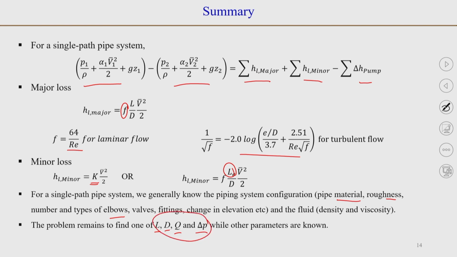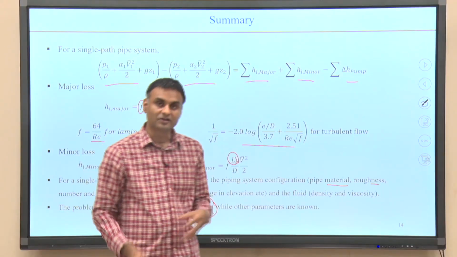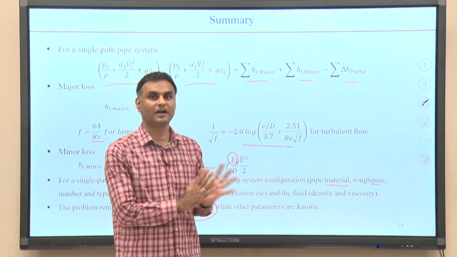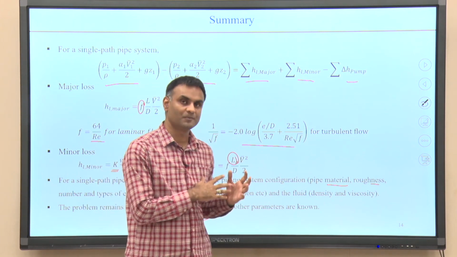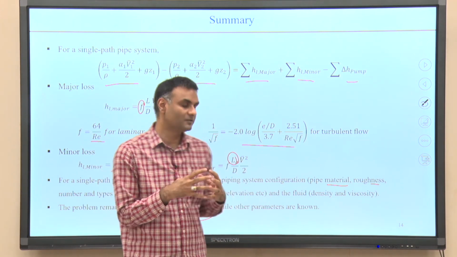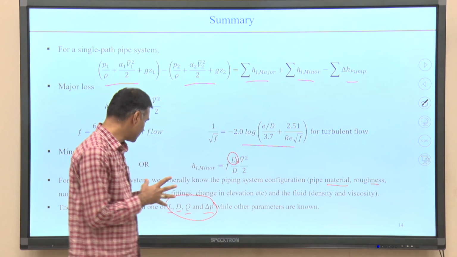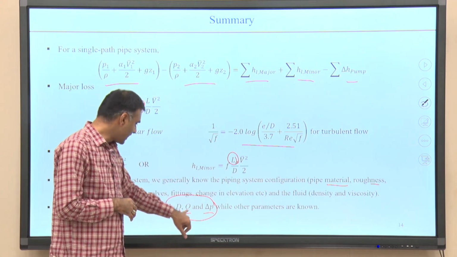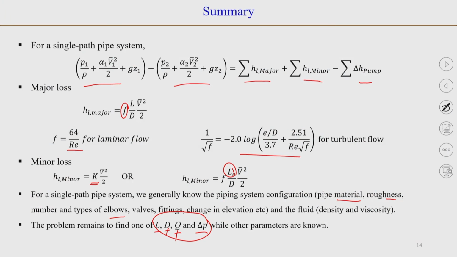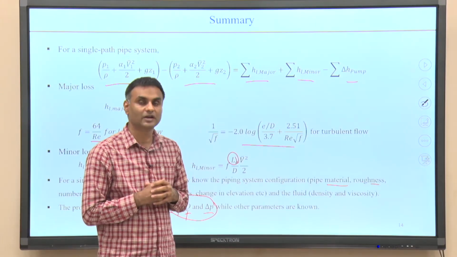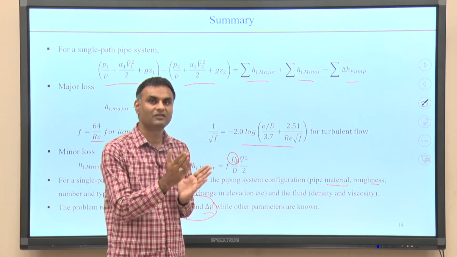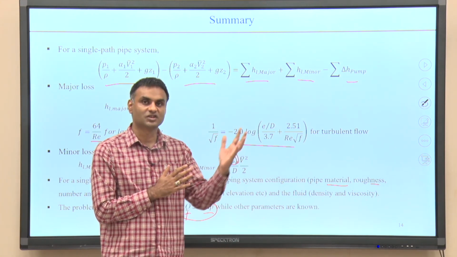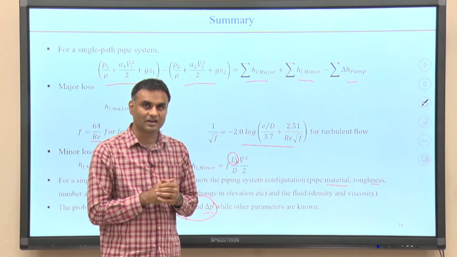So, we may be working with these 4 factors, and the problems can be that you have been given 3 of them and you need to calculate one. In some cases, for example, when you are talking about diameter and Q, because in all these definitions you need to calculate the Reynolds number, and the Reynolds number is a function of diameter and velocity, where velocity is Q by cross sectional area.